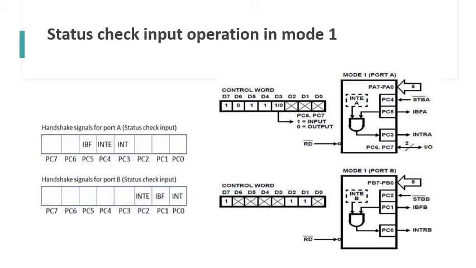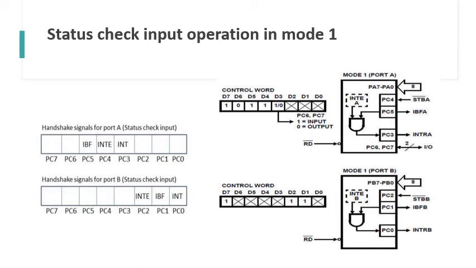Now let us go through the process of status check input operation at port B in mode 1. When the input data device wants to give input, it checks IBF. If IBF is low, indicating that the input buffer is empty, it gives a pulse at STB and sends the input data. The new data is latched to the port buffer.